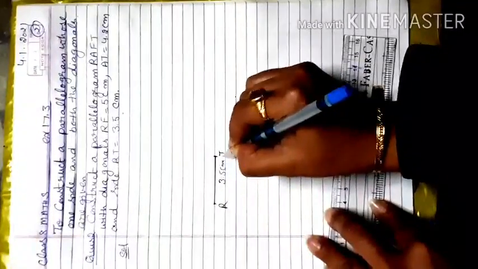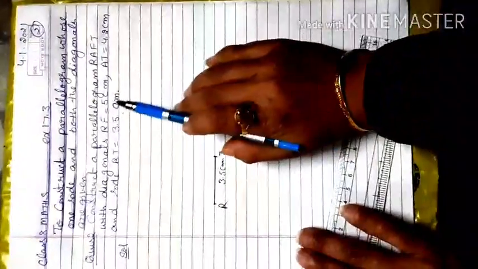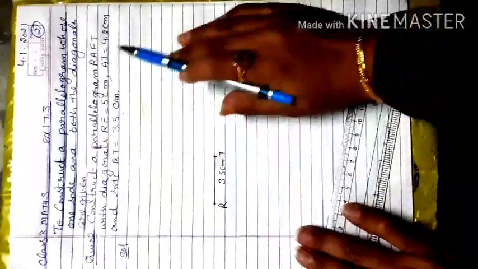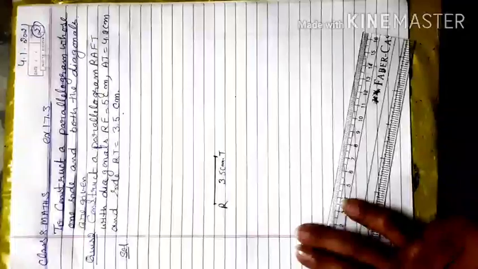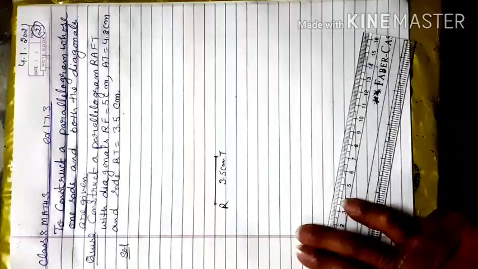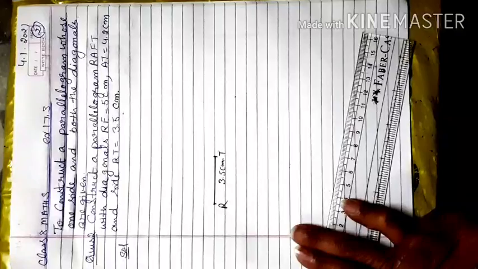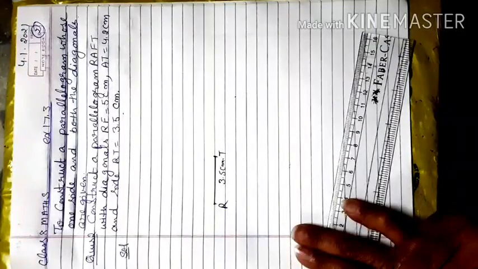Now after that, they said RF is a diagonal on this side, AT is the diagonal on this side. You already know that in a parallelogram, diagonals bisect each other, that means divide into two equal parts.